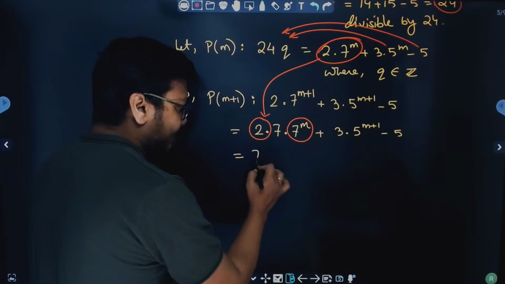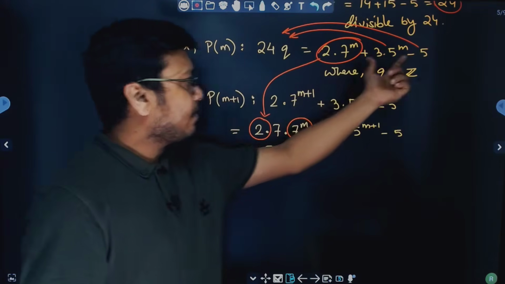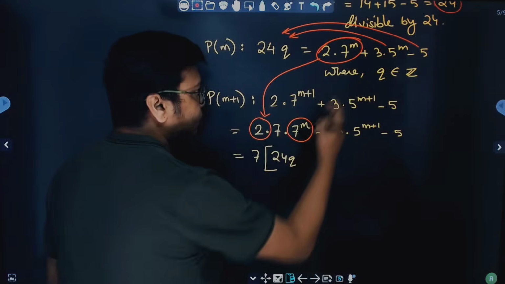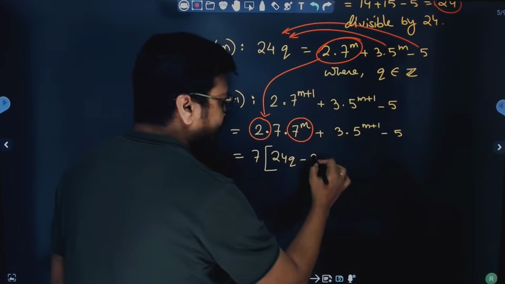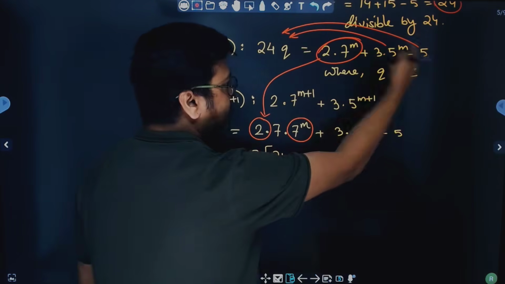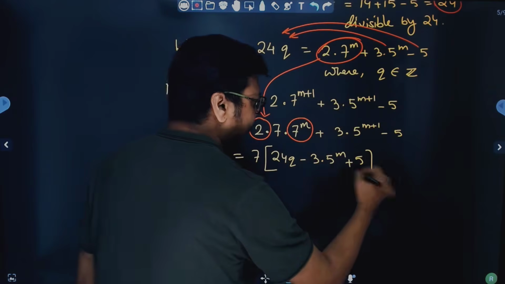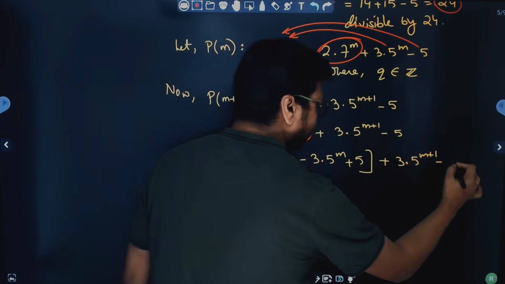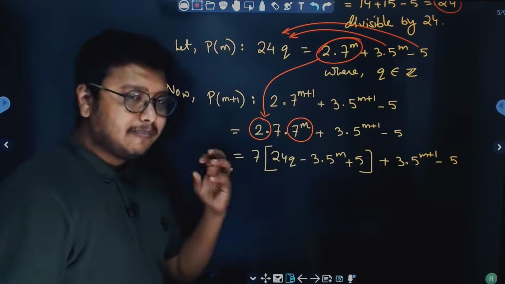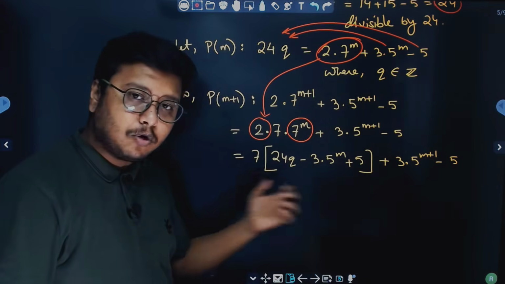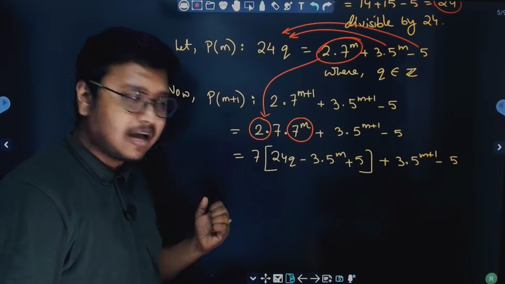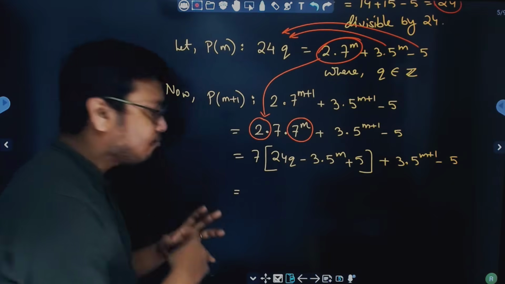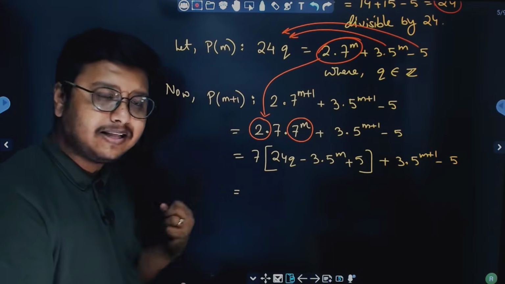I already have a 7, and if I take these terms on this side, I'll be having 24q, minus 3 into 5 to the power m, plus 5, and the remaining terms as they are. Remember, we are trying to bring out a 24 common from the entire expression and get an integer remaining inside. So wherever you find 24, let's try to bring that out common.